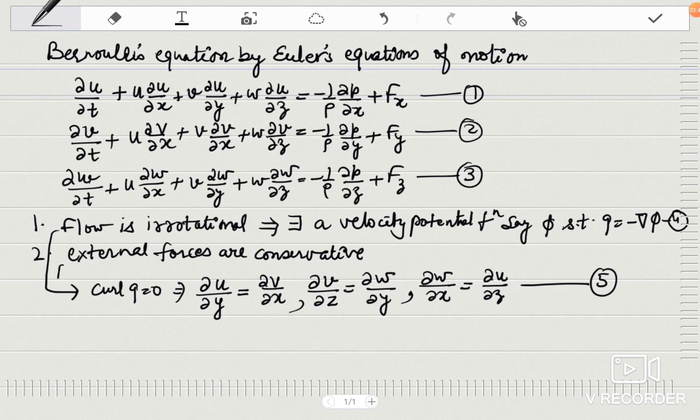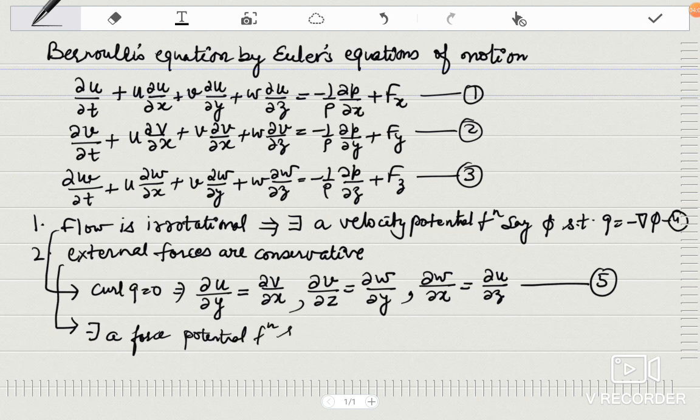Now similarly, if the forces are conservative, external forces are conservative, then there will exist a force potential function.